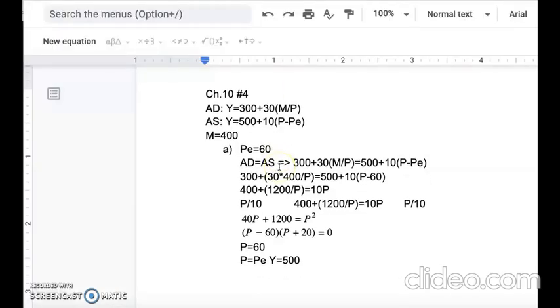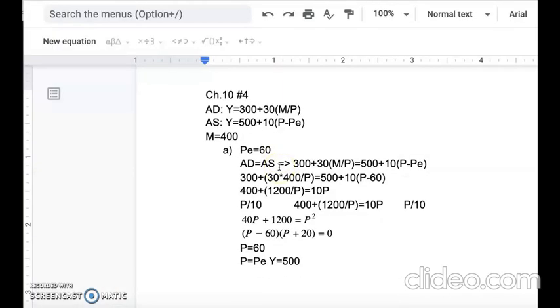Okay. First of all, at the expected price 60, we will set AD equal to AS to eliminate output.